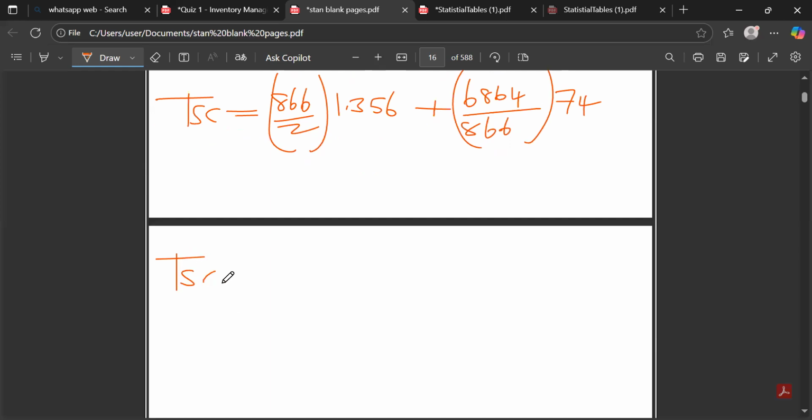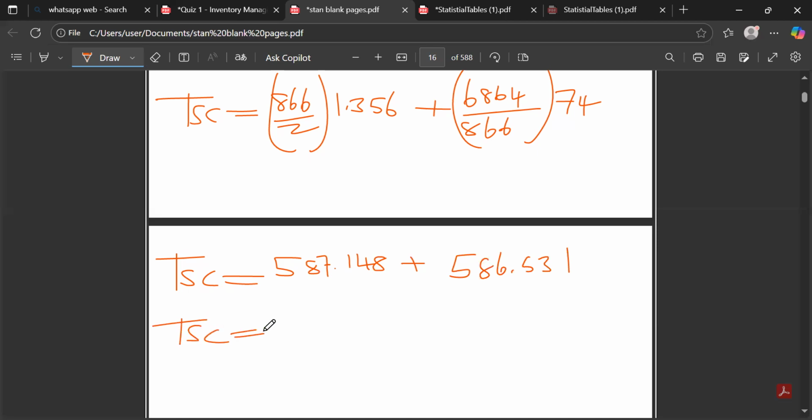So our total stocking cost will give us what? 866 divided by 2 by 1.356 is equal to 587.148, then plus 864 divided by 866 times 74, 586.531.